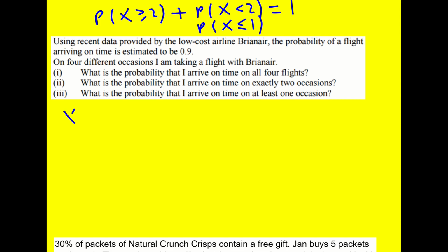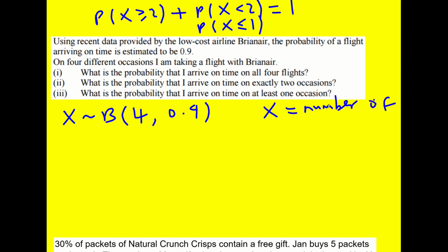So X is going to follow a binomial distribution, and I'm doing 4 flights, so there are 4 trials, and the probability of success is 0.9. I should probably define my random variable. X equals number of on-time flights.